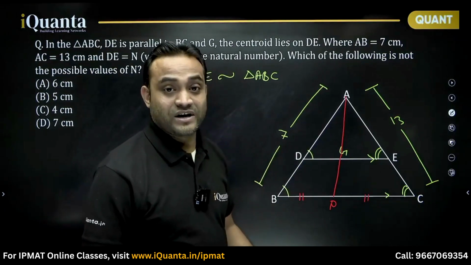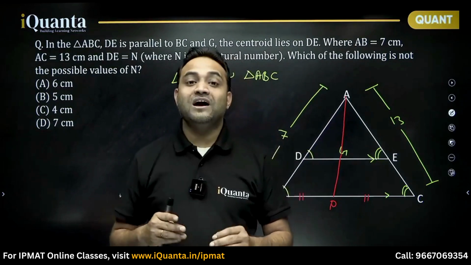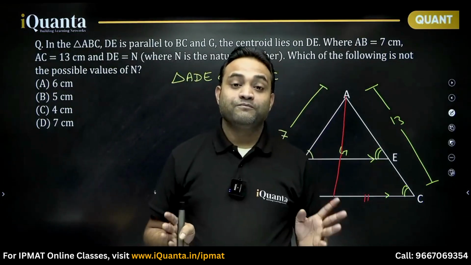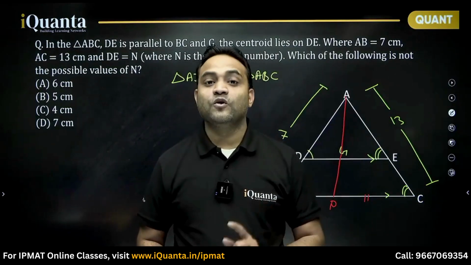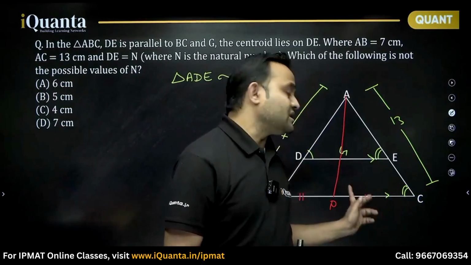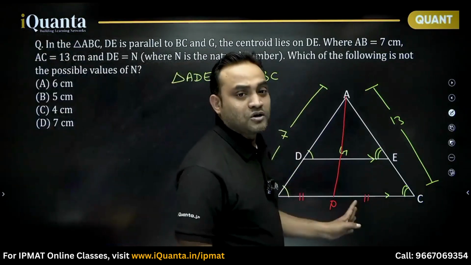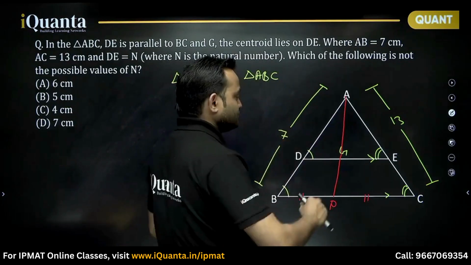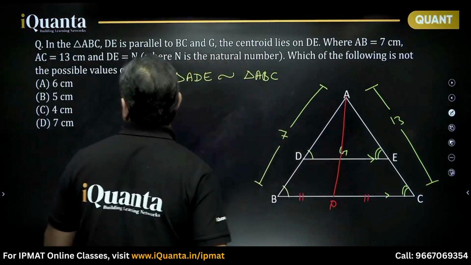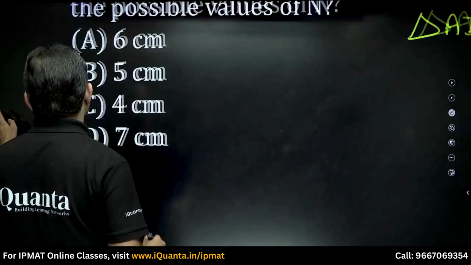G is the centroid. What is a centroid? Centroid is nothing but the intersection of medians. We have already done 4 sessions on lines and points in a triangle, so you should watch those if you are not familiar with this term. Okay. Now, what do we know about the centroid? That the centroid divides a median into a 2:1 ratio. That means, okay, 1 second.